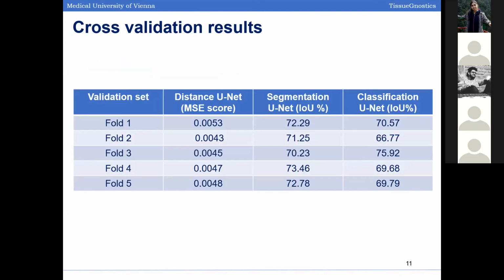And here are the results for the validation set for each individual fold and for each individual stage of the model, for the distance unit, the segmentation unit, and also the classification unit, based on the MSE score and intersection over union score.